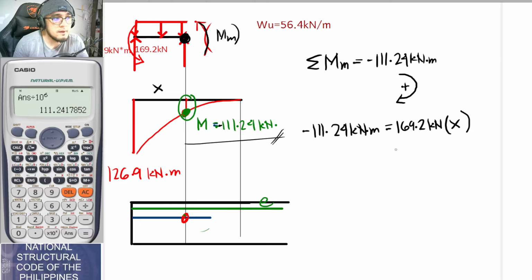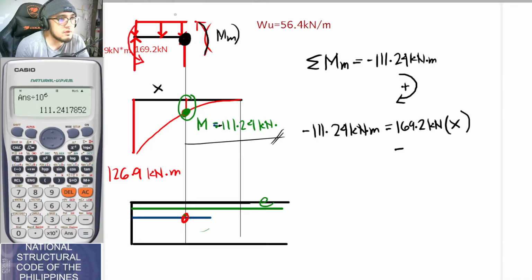So plus or minus. Let's say minus. Since I am considering clockwise positive, as you can see, this is positive because if this is your rotation point, this shear force would give you a clockwise moment.